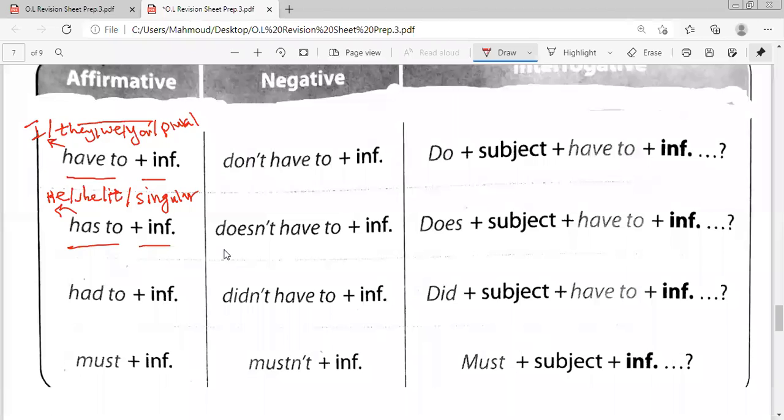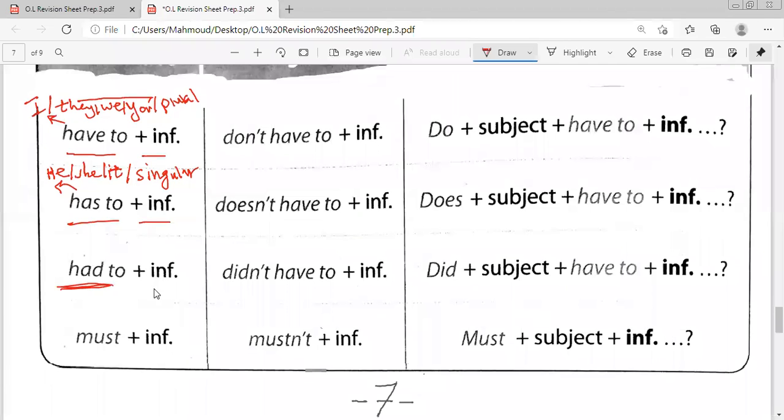You can use them in the present. But had to, you can use it in the past. It means that something was necessary, was important to do in the past. But have to or has to, you can use them to express necessity, or something which is necessary to do, I'm sorry, in the present.